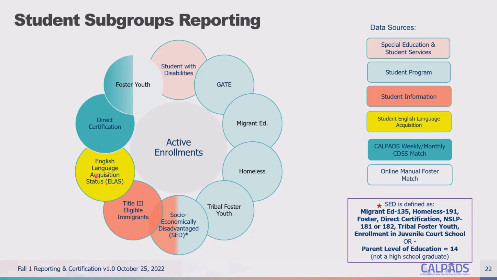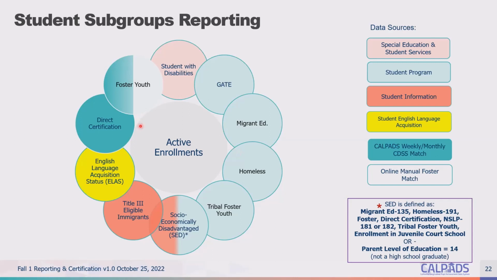So you have your EL, direct cert, foster youth, students with disabilities, GATE, Migrant Ed, Homeless, Tribal Foster Youth, and Title III. So all of these are part of your LCFF. However, the SED, on the other hand, is the same except for the ELs. Okay, so that's just a basic differentiation of those two definitions or subgroups.